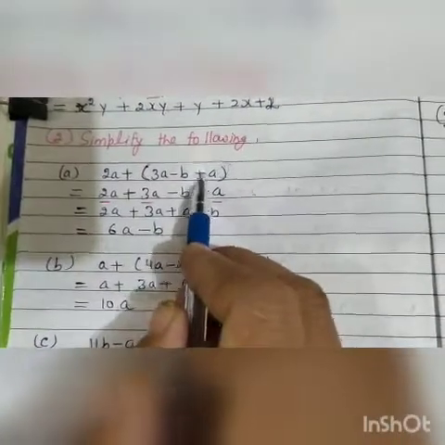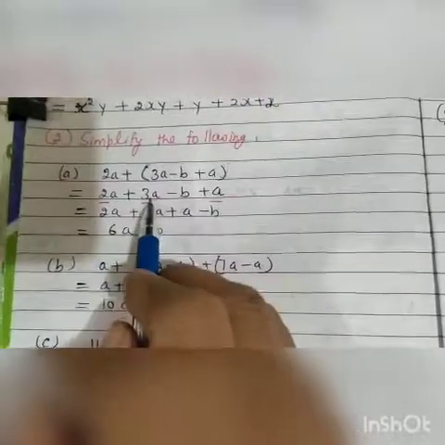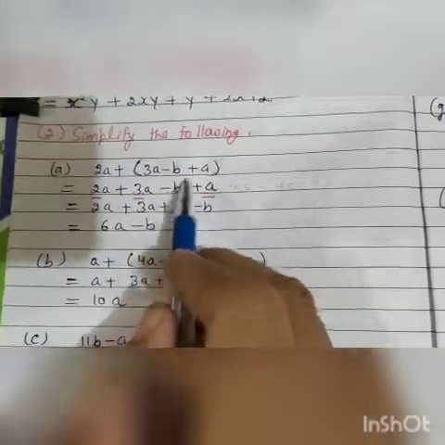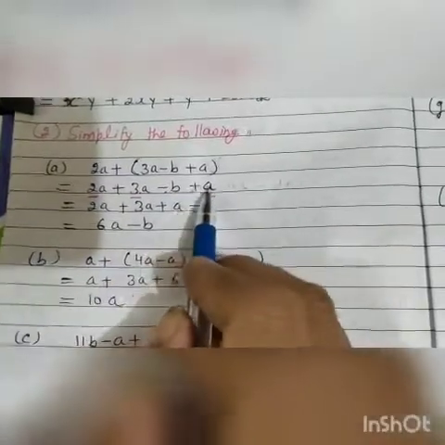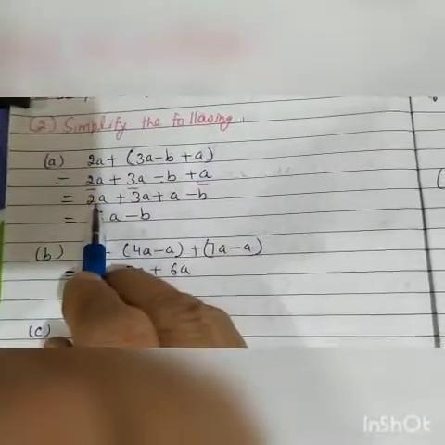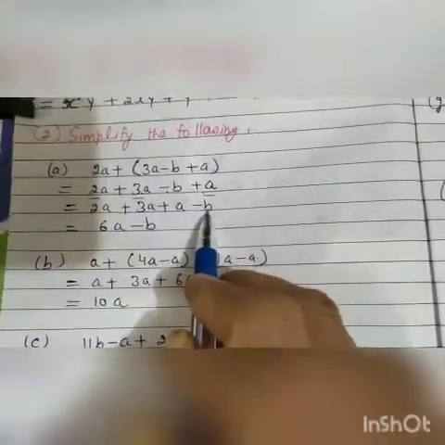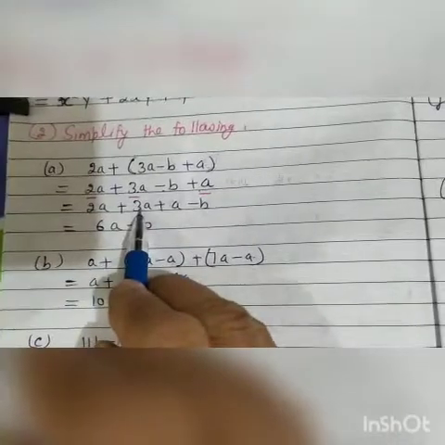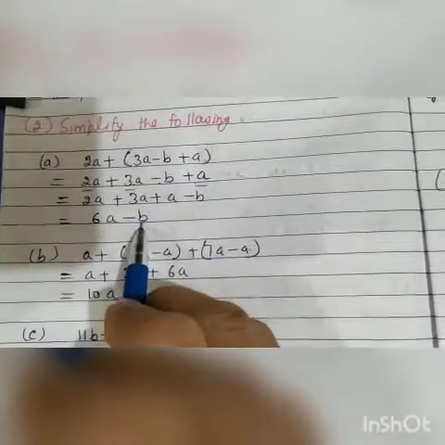All these three terms will be written as they are: 2a plus 3a minus b plus a. Then 2a, 3a and a are like terms, so we will write like terms together: 2a plus 3a plus a, then minus b. 2 plus 3 is 5, 5 plus 1 is 6. So 6a minus b.